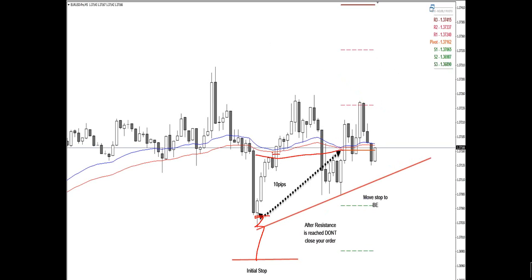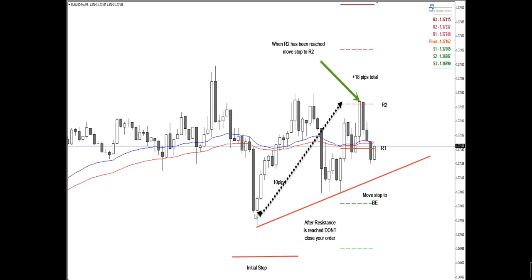Why? Because there is no simulation. You need to determine whether the momentum is strong and the price will indeed hit this level, or the time is for you to close for 10 pips of profit. You know, better to make 10 pips than a stop loss.